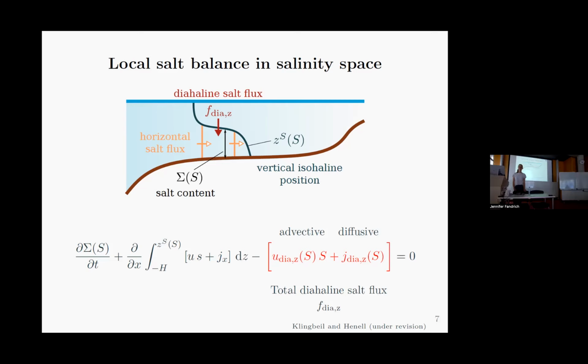I'm not sure I heard the second part towards the end, but I will start answering. So the curve of the isohaline here is a bit exaggerated. This is just to make a sketch out of the idea, but what we can have in reality is a far more complicated curve for the isohaline.